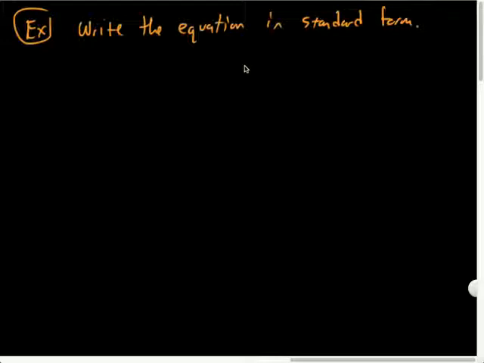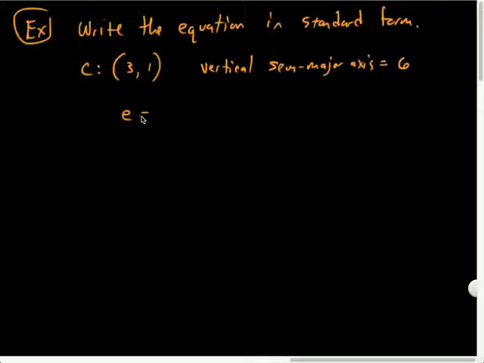I'm tempted to do it though. Now let's do this one. Let's say that the center is at the point 3, 1. And let's see, the vertical semi-major axis is 6 units long, and the eccentricity is 1/3.